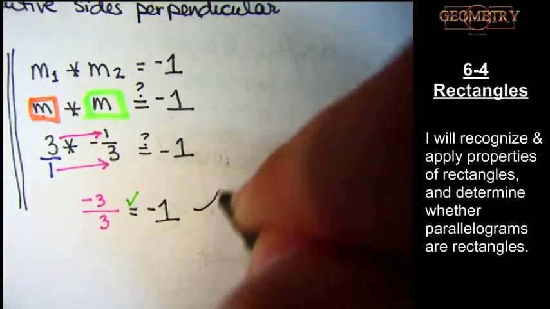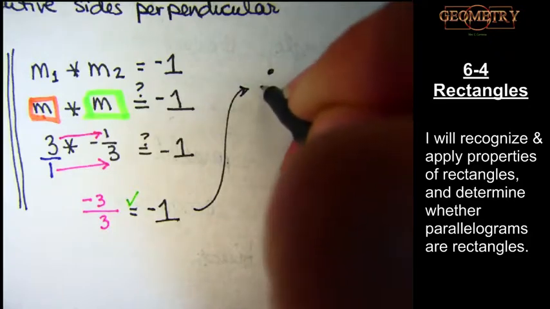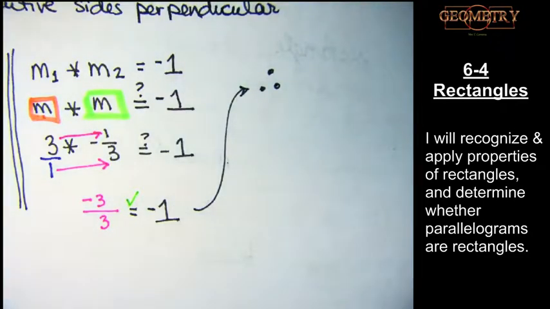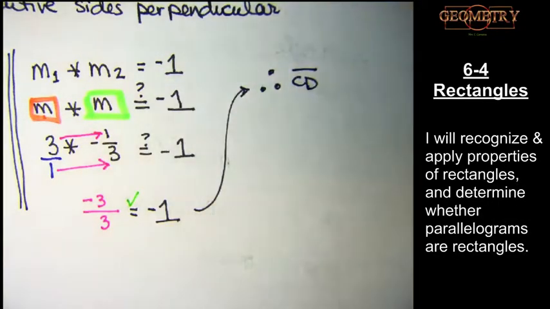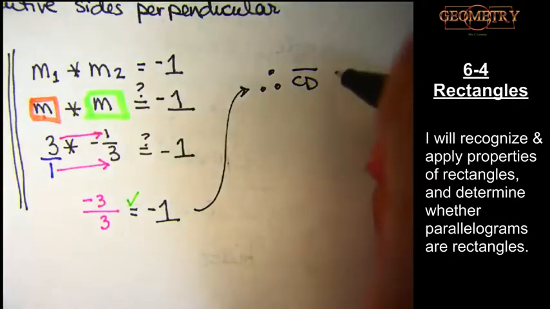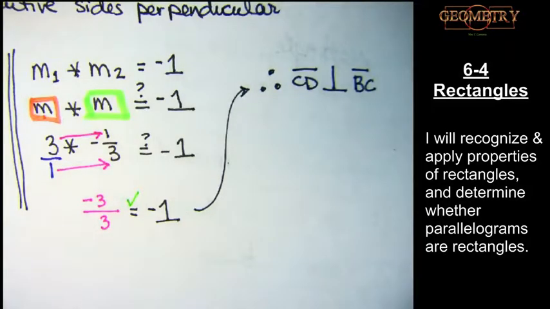This three-dot symbol means therefore. Therefore, line segment CD, that's the orange side, is perpendicular to line segment BC, that's the green side.